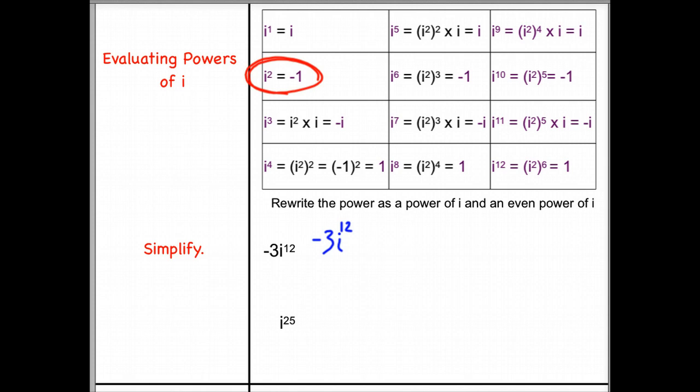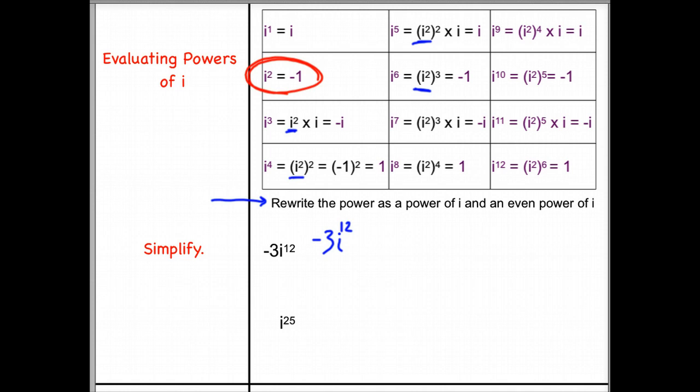When we want to evaluate powers, we want to rewrite the power as an even power of i. That sounds a little bit confusing, but you can see from this chart I made that I rewrote it in terms of i squared. Because we know that i squared is equal to negative 1, it's easier for us to calculate. That's why we use most often that i squared equals negative 1.